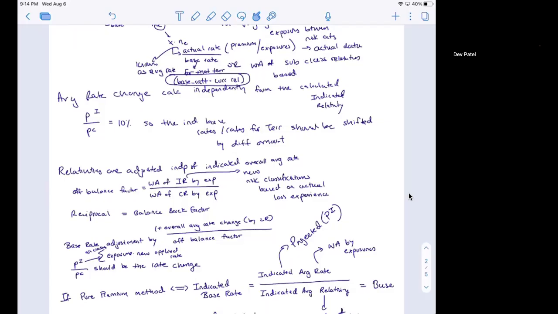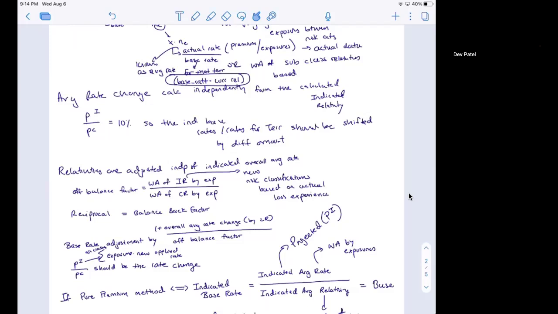It has to be by some different amount, probably 8% or 12%. We have to change it by a different amount in order to get the overall premium to be 10%, because those two entities were calculated differently. How you calculated indicated relativity was different than how you calculated average rate change. So to make sure that those two are aligned, you have to multiply the rate by some different amount.